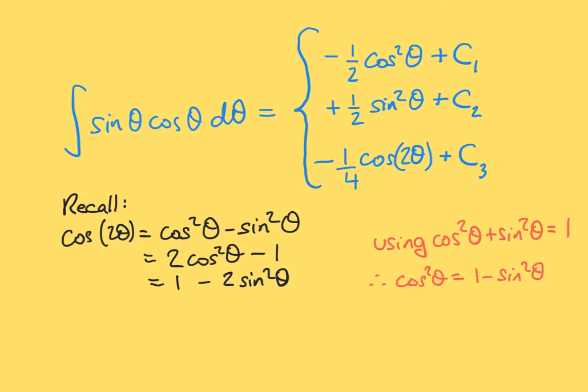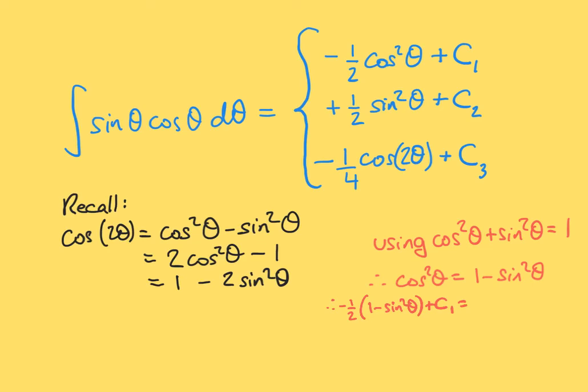So our result at the top here, minus a half cos squared theta plus c1, can be rewritten as minus a half, and then it's cos squared theta is 1 minus sine squared theta plus c1.